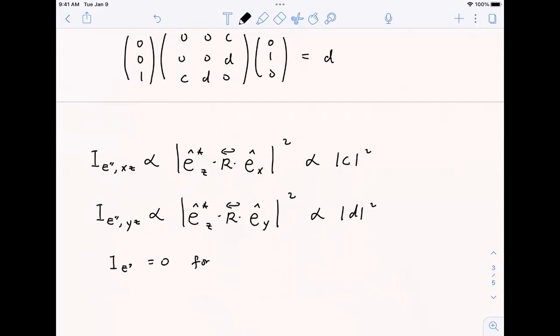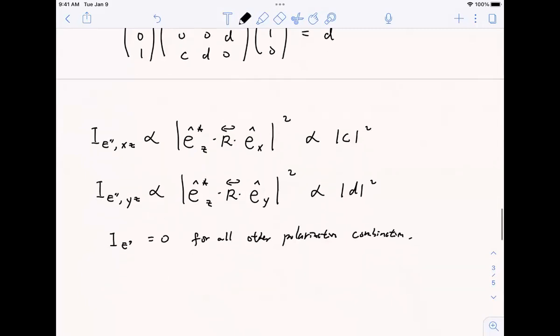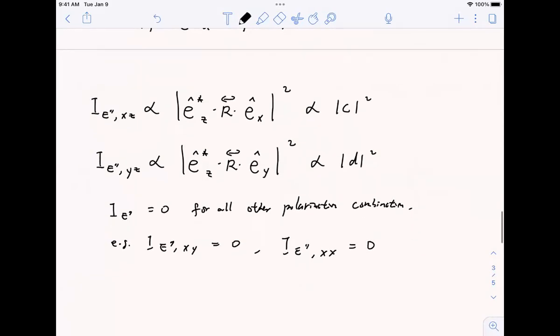For all other polarization combinations, such as E double prime XY, it is 0; XX is 0. All of them are 0.